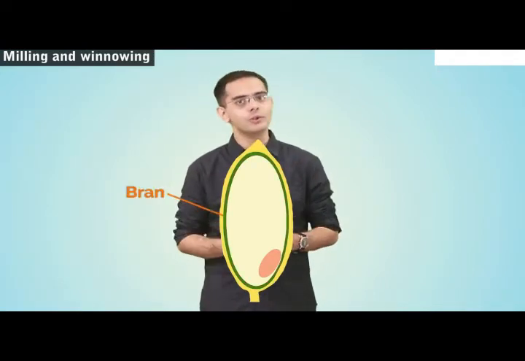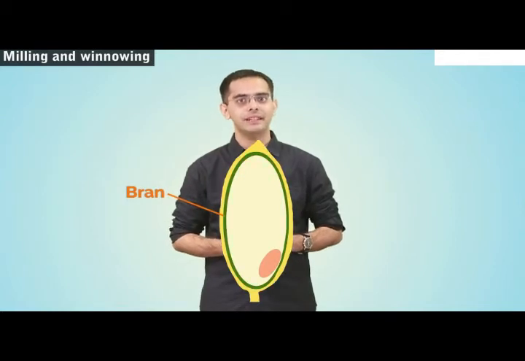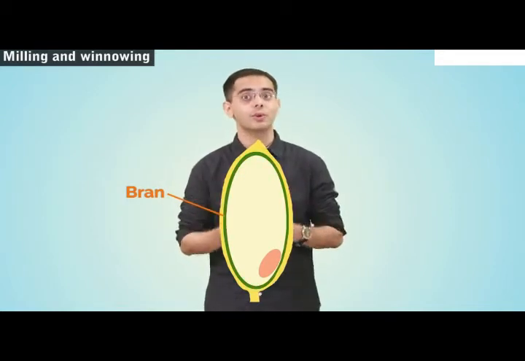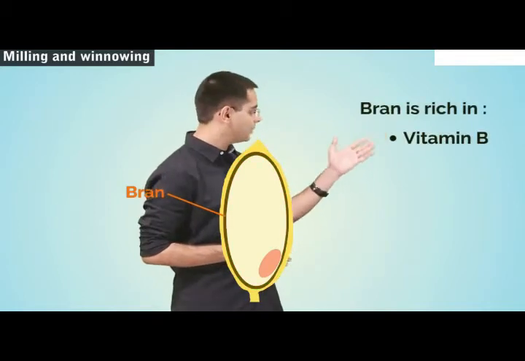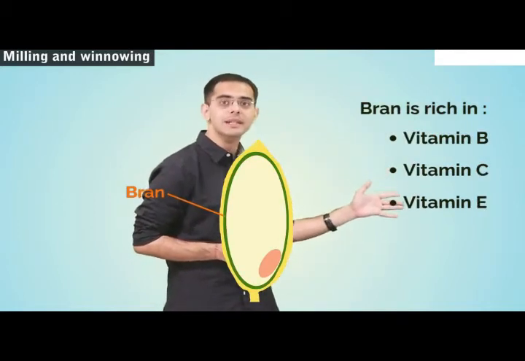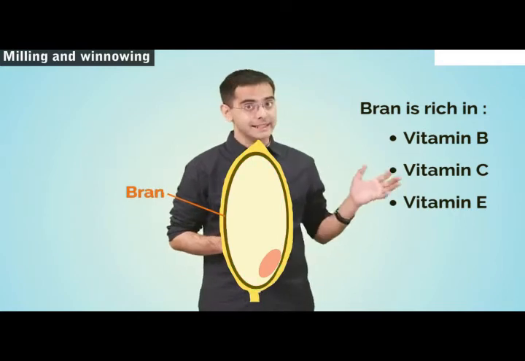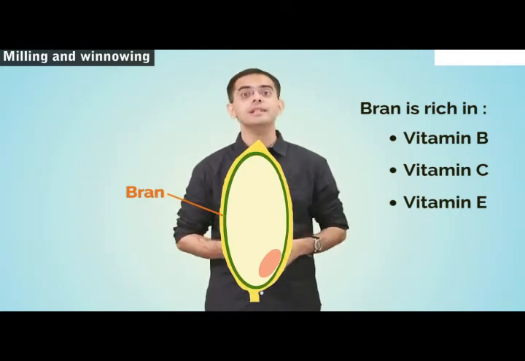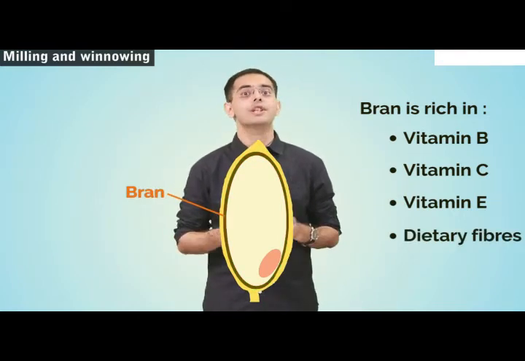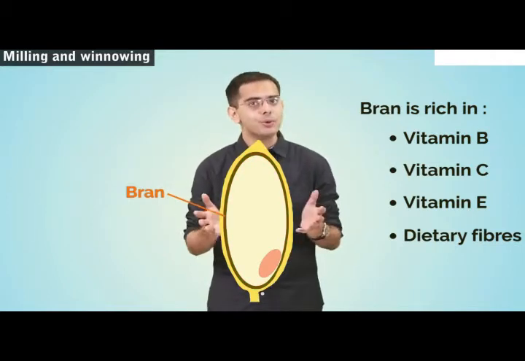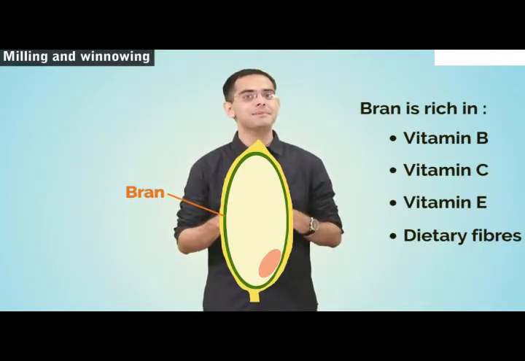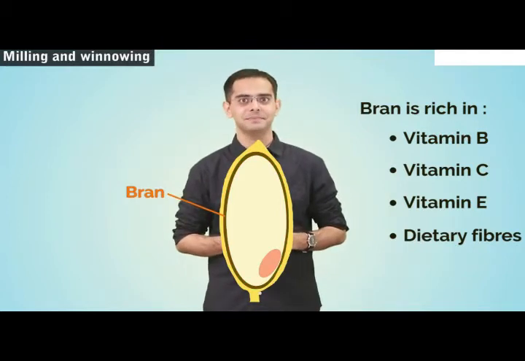Now, bran is also the protective outer covering of a grain, but then it is good source of vitamins such as vitamin B, vitamin C and vitamin E. Besides this, it is also rich in dietary fibers which are beneficial for human health, and that's because they boost our immune system and helps in preventing heart diseases.